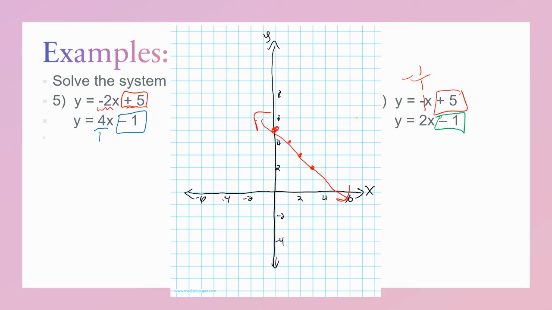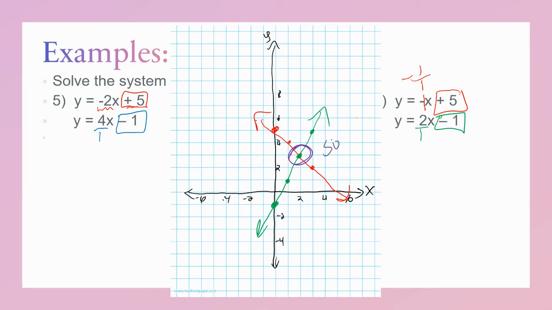Second one, we have a y-intercept of negative 1 and a slope of 2. So I plot my y-intercept at negative 1, rise 2, run 1, rise 2, run 1, rise 2, run 1. As you can see, right here is where my two colors cross together.